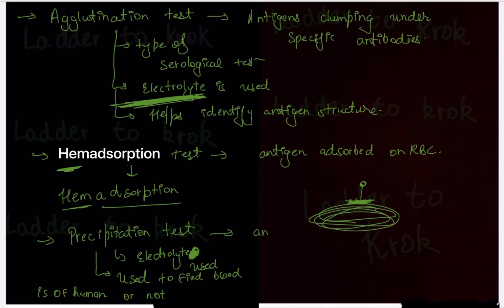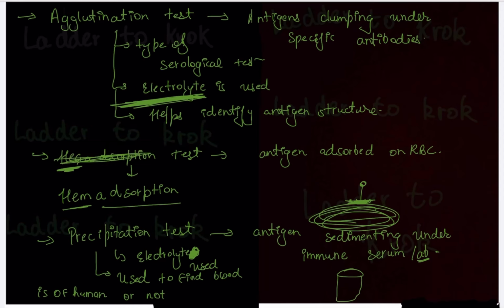In this, what happens, antigen sediments under immune or serum antibodies. AB means antibody, okay. So actually in this, suppose we have some soluble antigen, and suppose we have homologous antibodies. Homologous means they are antibodies of the same type, effective only for the same antigen.